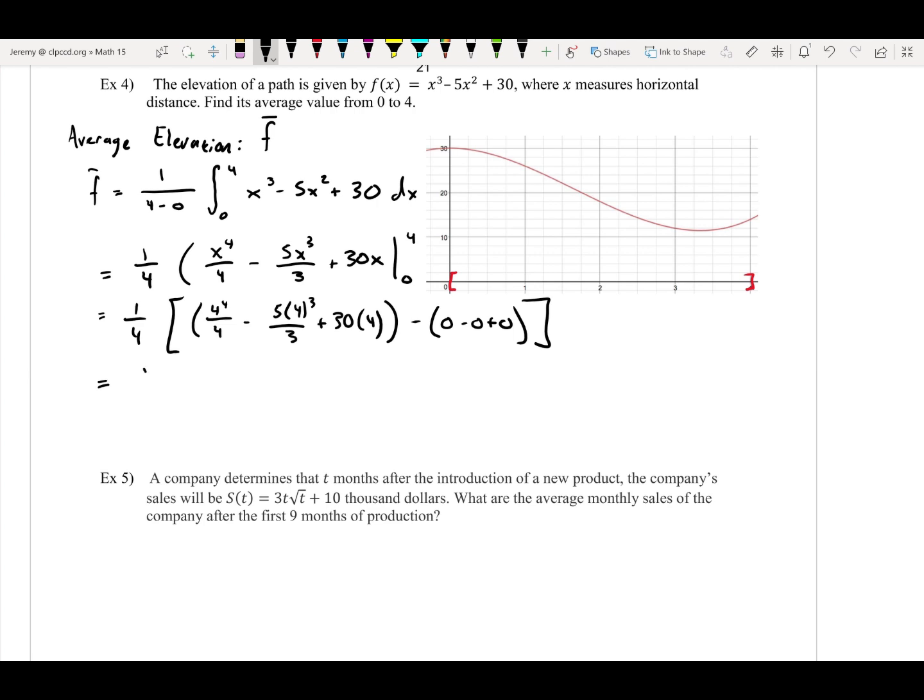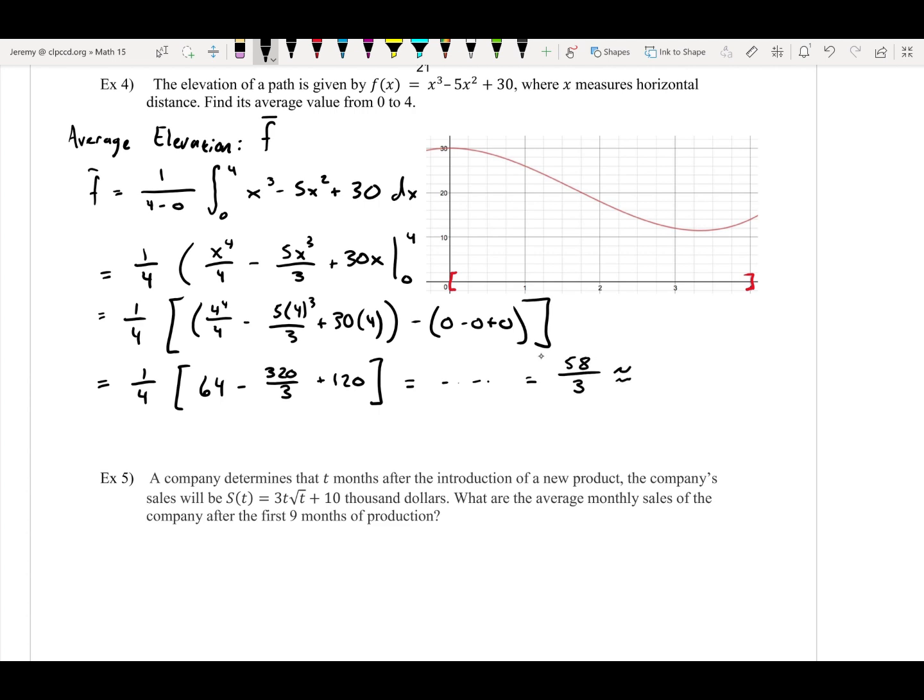Okay, and then simplifying, 1/4 times, this is going to be 64 minus 320 over 3 plus 120. Then simplifying this, I got common denominators on the inside, and then multiplied that by 1/4, and I was left with 58 over 3.